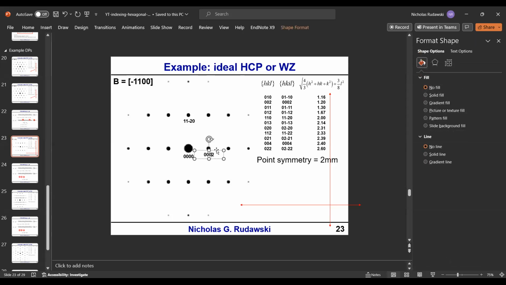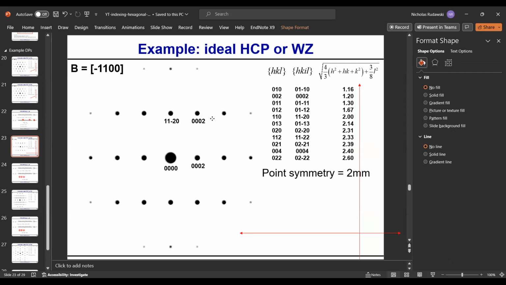And just like we did before, we're going to solve a few of these spots. So we're going to add these together. 1 1 2 bar 2. That's 0 0 2. That's obviously 0 0 4, and that's 0 0 4 bar. Let me do this to make this easier.